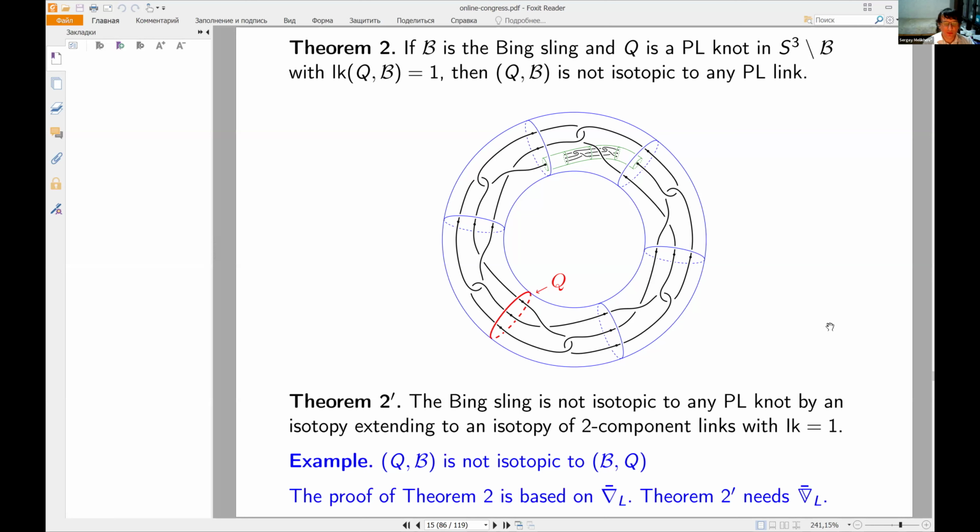So here theorem 2 is proved using just this reduced Conway polynomial, the Conway polynomial divided by the Conway polynomial of the components. And here theorem 2 prime uses the two-variable Conway polynomial divided by the Conway polynomial of the component.